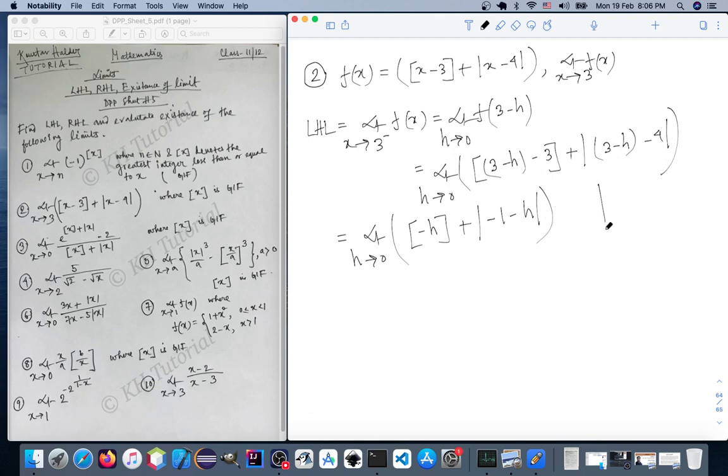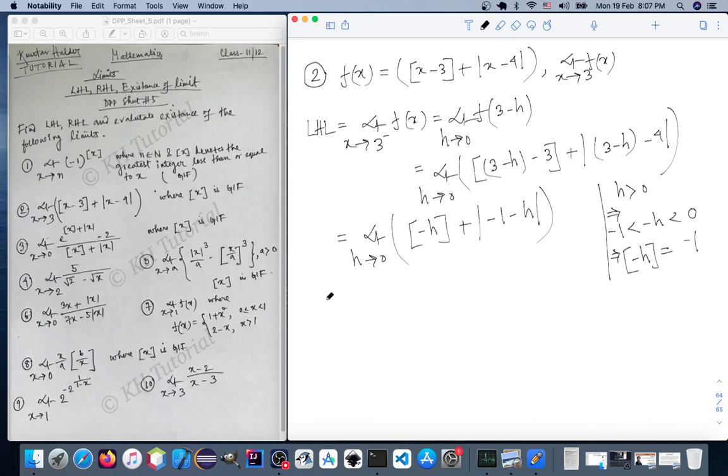Now, since h greater than 0, a very small positive quantity, minus h will be greater than minus 1 and less than 0. This implies that box of (minus h) will be minus 1.